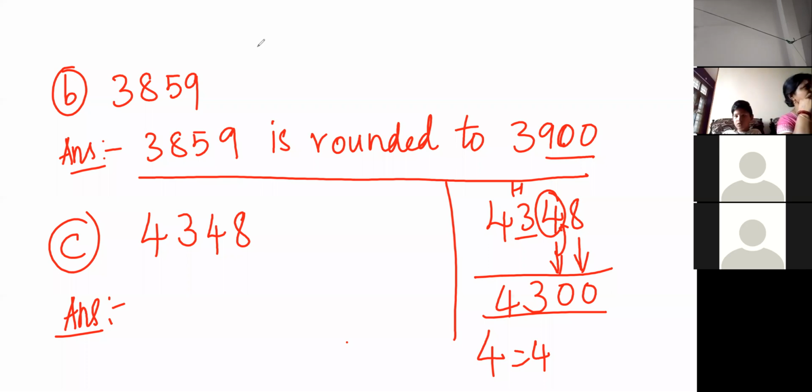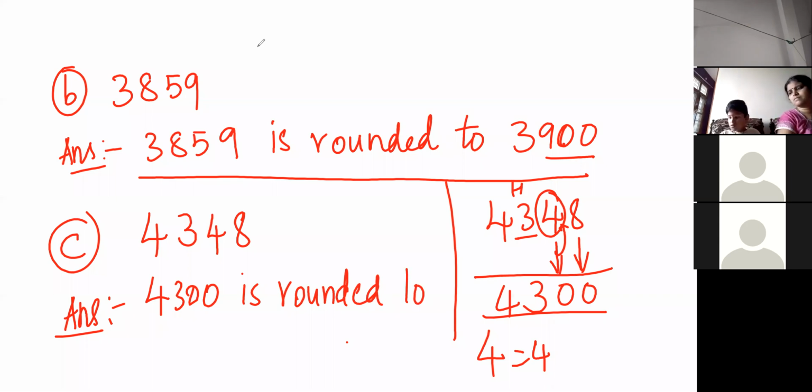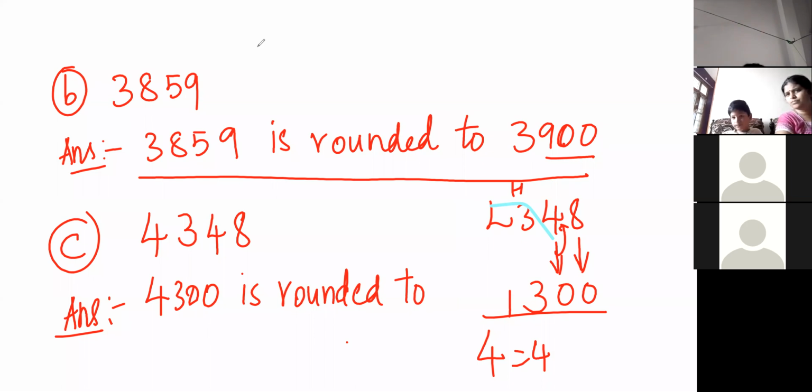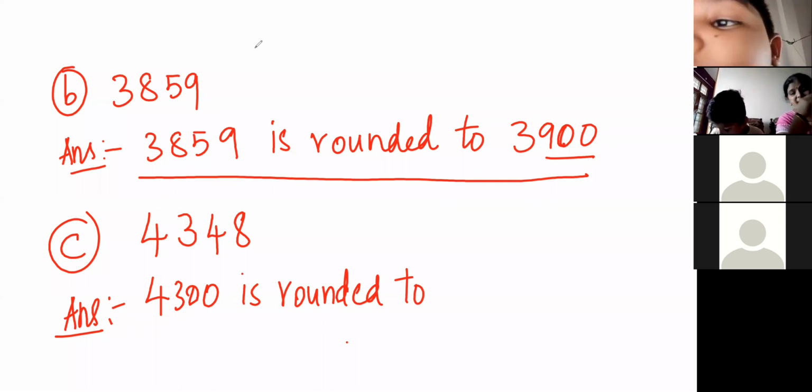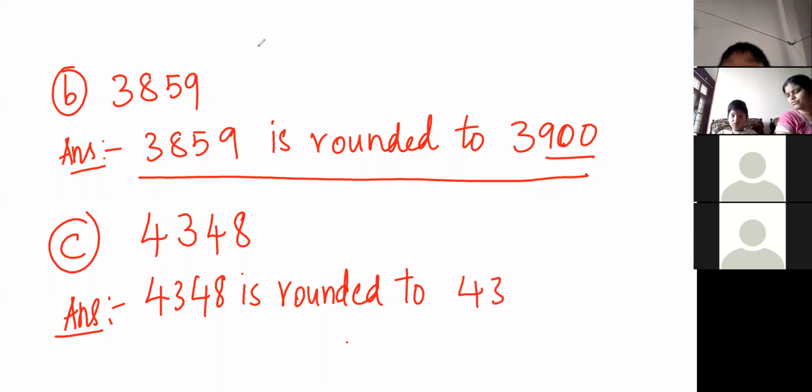You can write it as 4,348 is rounded to 4,300. Take down.